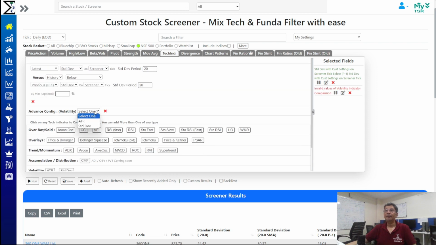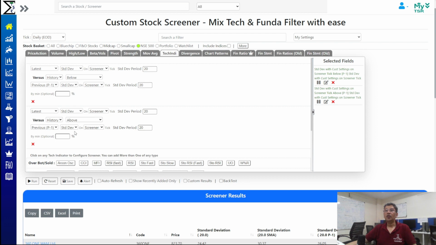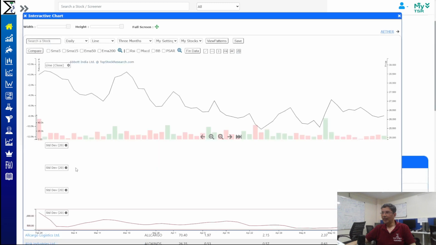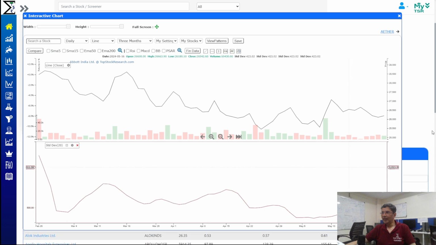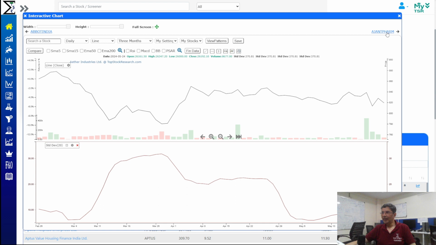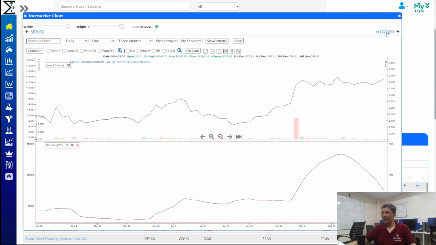So you click here, you can go back in the history, that p minus 1 is less than p minus 2, so that you can create your own trending, and by, let's say, 5%, right? So this is where you see that there's some sort of standard deviation or volatility getting reduced, right? So when we run this, you'll see stocks where the sudden volatility is dropping, like over here there's volatility dropping, and you can see this as a flattish curve, right? So another way of seeing where the volatility is suddenly dropping, right?